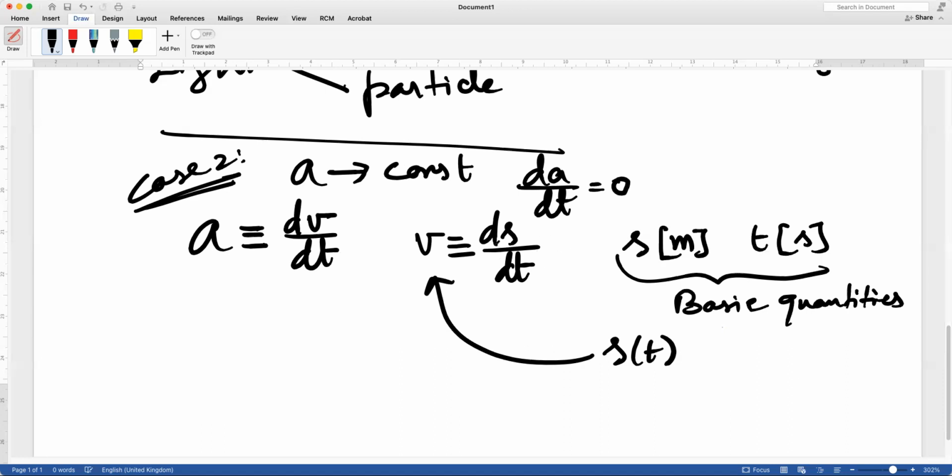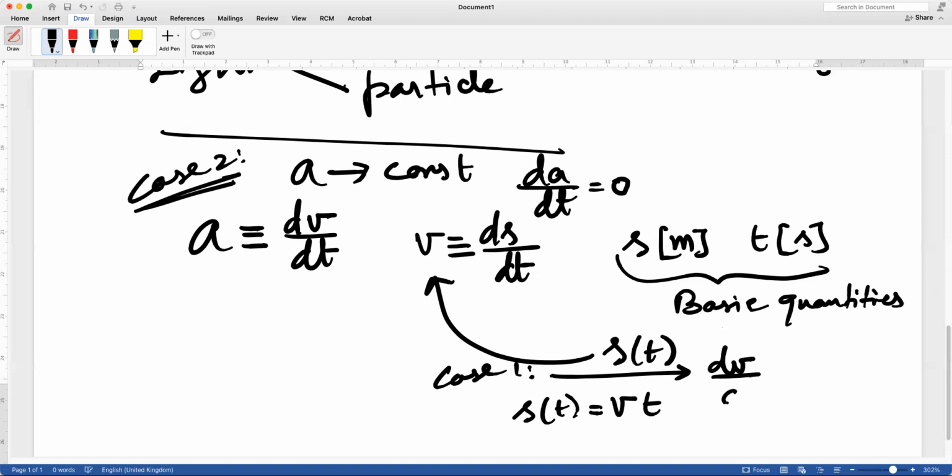Then we know how to make case 1, where we simply say that S of t can be calculated as simply the constant velocity multiplied by the time. Case 1 is dv by dt is 0. Understand that? Yes, sir. Okay.